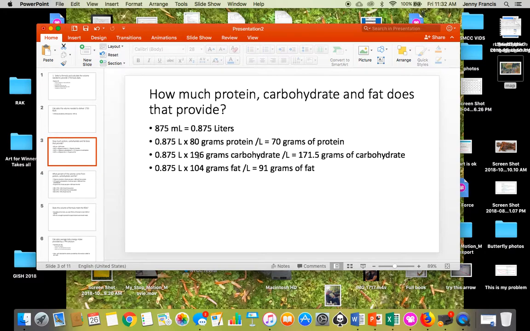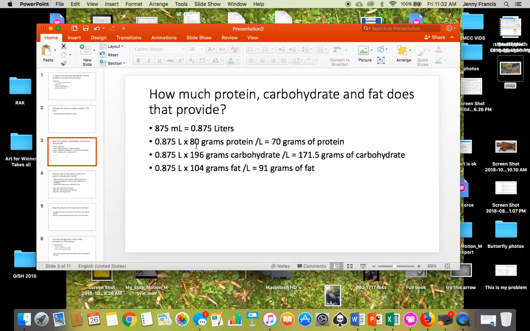0.875 liters times 196 grams of carbohydrate is equal to 171.5 grams of carbohydrate. And lastly, 0.875 liters times 104 grams of fat per liter is 91 grams of fat.